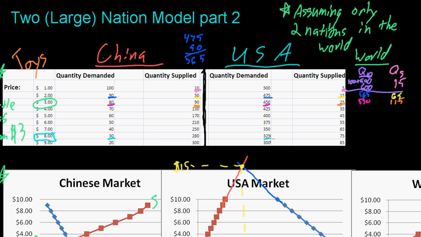So in whole, we will have 355 demanded, and then China will supply 280, and the USA will supply 75, and 280 plus 75 is also 355. So in the world, we have an equilibrium. There are 355 toys produced, and there are 355 toys purchased or demanded.